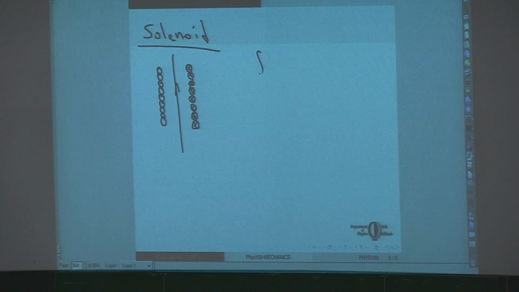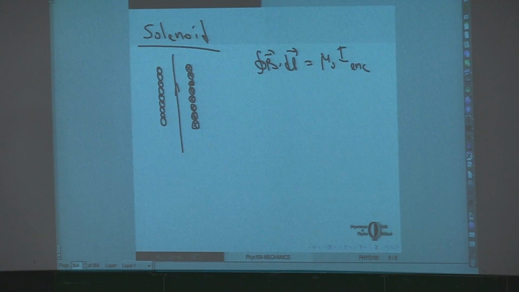Now we can apply Ampere's law. This should be equal to mu0 times I enclosed. Now what kind of a closed loop should we choose? You see, in order to apply this law, we first have to choose some closed loop.